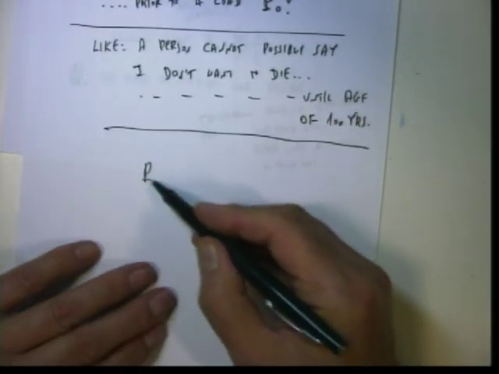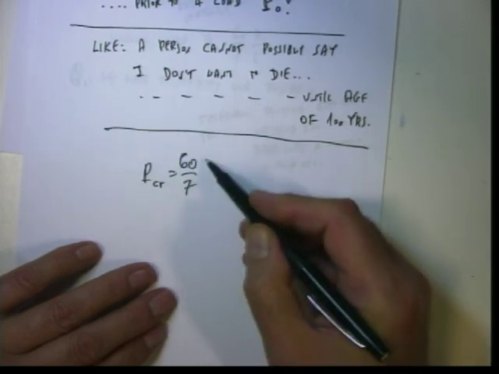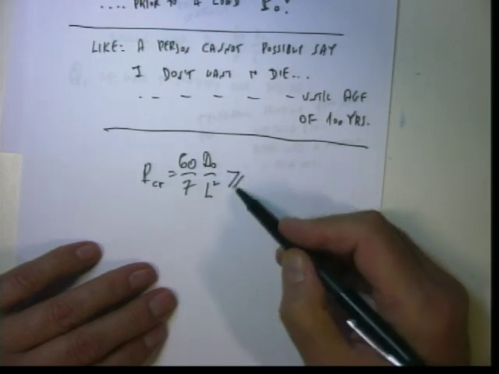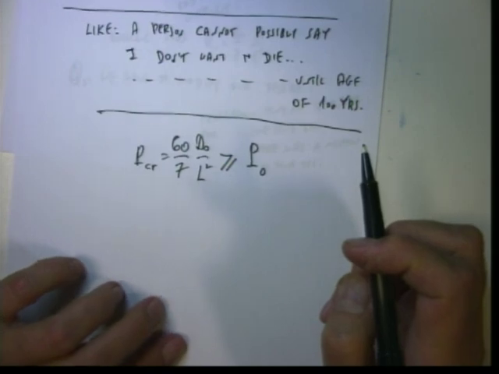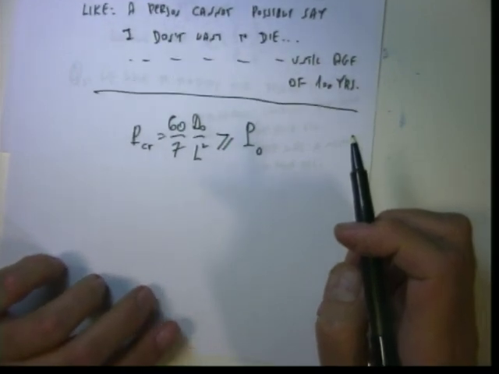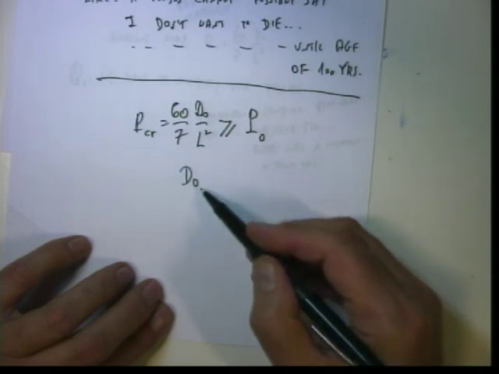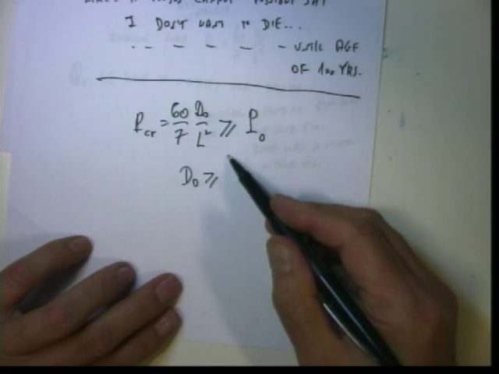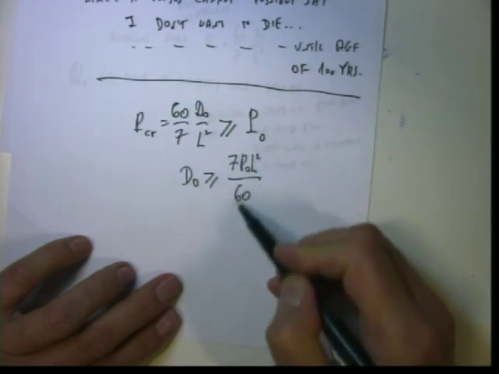That means that P critical, which equals 60 over 7 D sub 0 L squared, must be greater or equal than P sub 0. That means that D sub 0 then must be greater or equal than, it's very simple, 7 P0 L squared over 60.